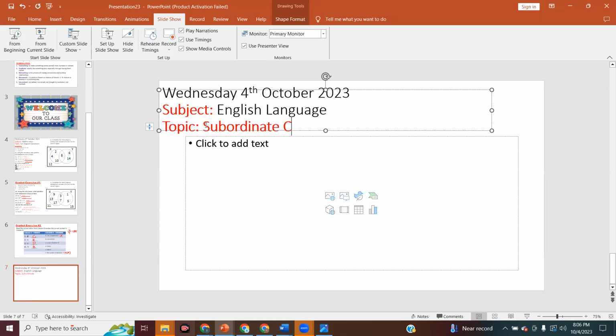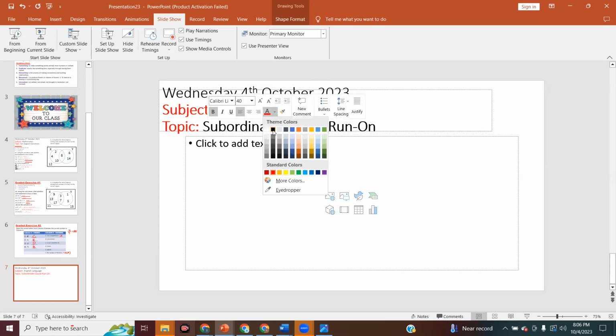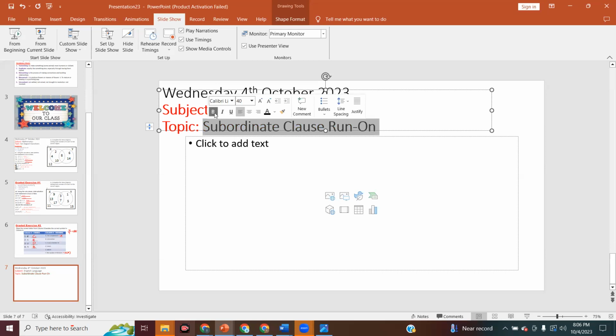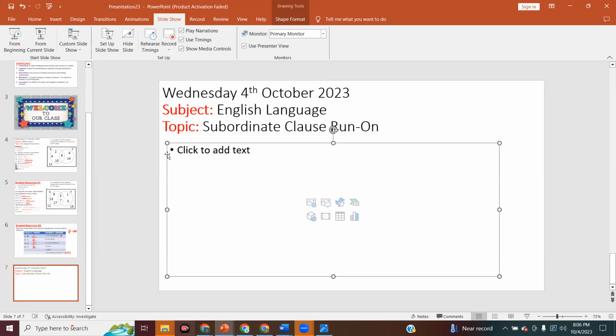Subordinate clause run on. So let's first define it. So let's first provide the definition of a subordinate clause run on. So a subordinate, write this down for me, please.